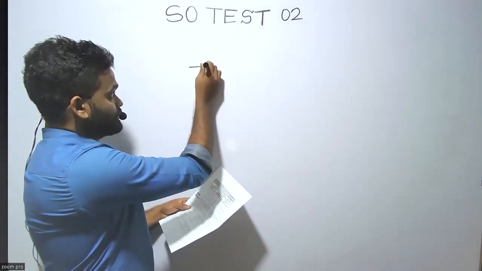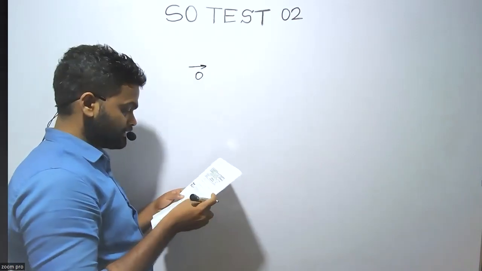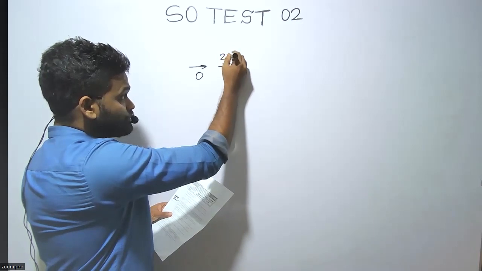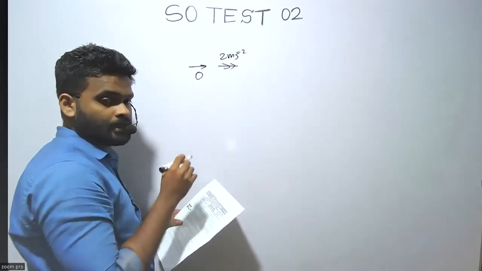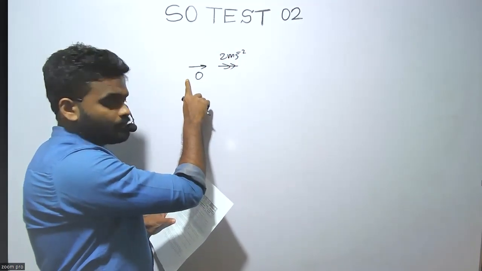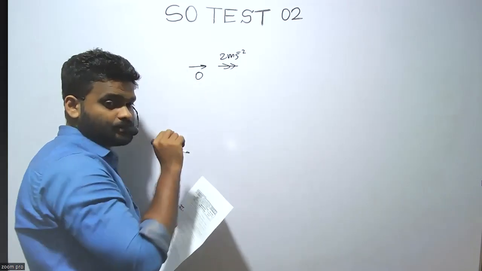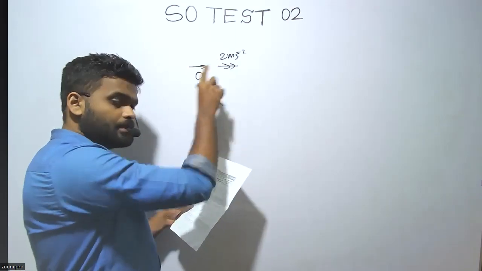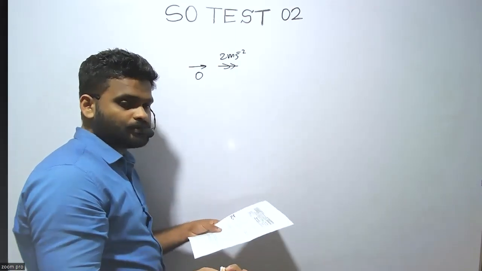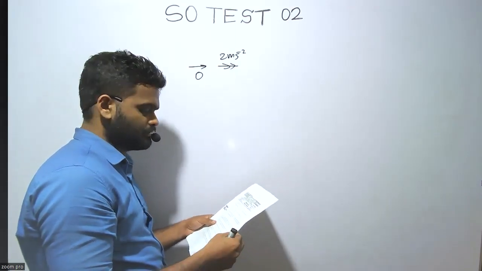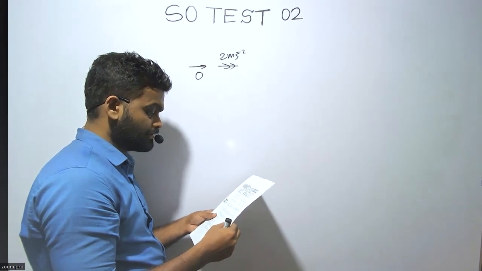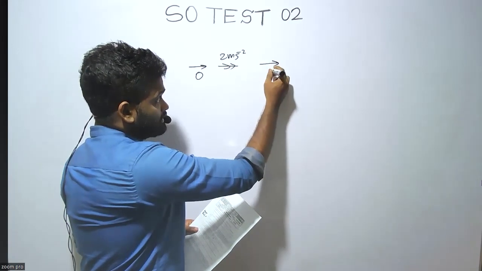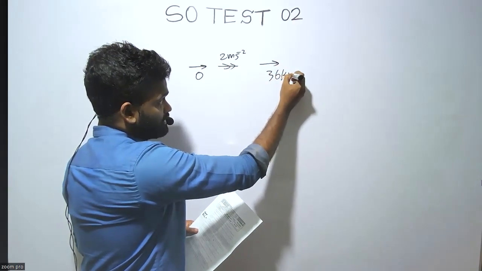So there's this object starting at rest, and it has an acceleration of 2 meters per square second. So watch how I am drawing these sketches as well. Everything in the question should be in the sketch, if the question is confusing. Then it gains a velocity of 36 kilometers per hour.